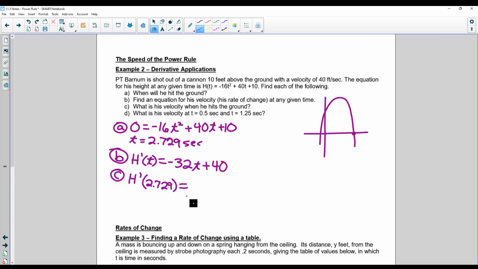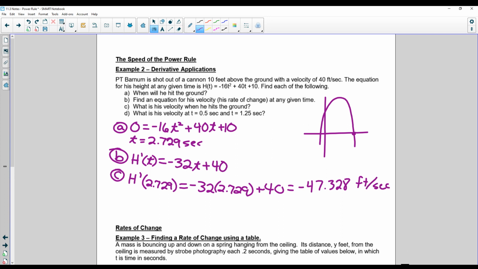I'm going to take negative 32 times 2.729, and add 40 to that, and his velocity is negative 47.328 feet per second.